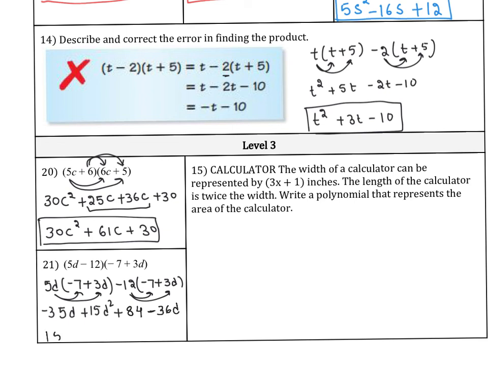You're going to write the d squared term in the front and then combine the like terms. Negative 36 minus 35 is negative 71d plus 84, and that's going to be your answer.